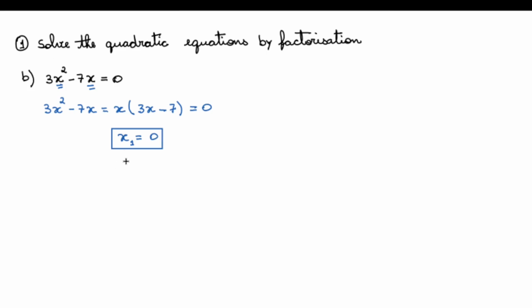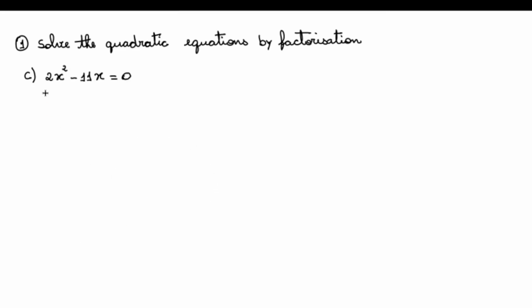And the second factor, 3x minus 7 equals 0. Now we have to solve this linear equation. 3x equals 7, x equals 7 over 3. And this one is the second solution for the equation 3x² minus 7x equals 0.